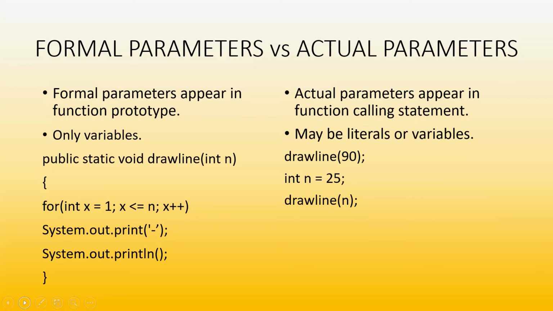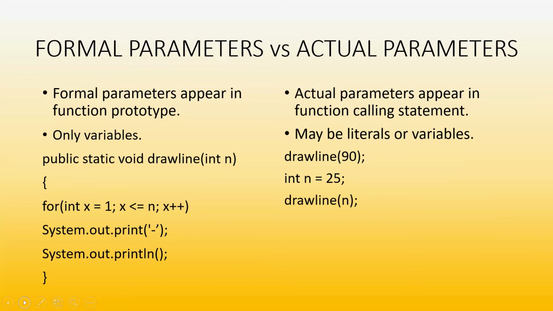One thing to note is that the actual parameters may be literals or variables, and the variables need not be preceded by a data type specifier. But one thing which is very important is that the formal parameters should match in number, type, and order with the actual parameters in the function call statement.